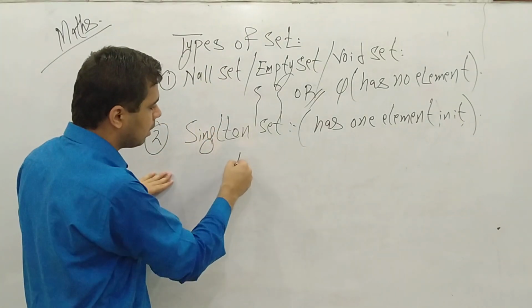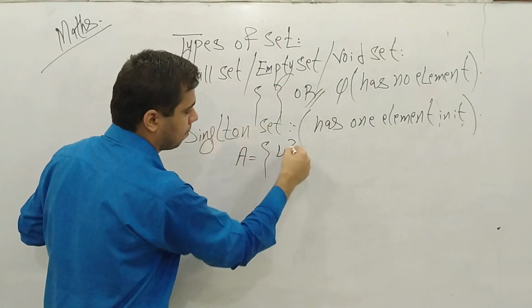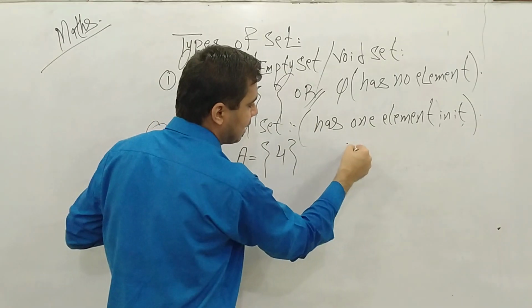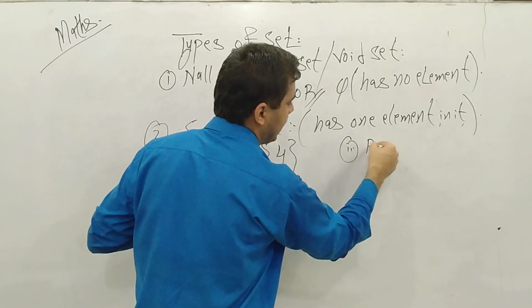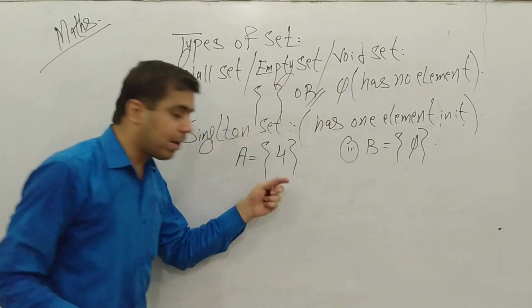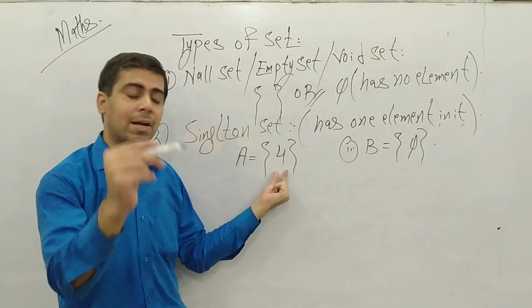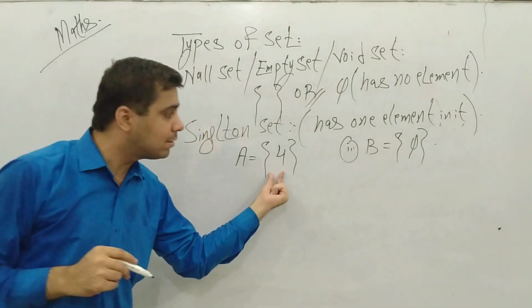For example, A equals 4. Or another example is B equals this sign here. Now here you can clearly see how many elements are given: only one element. So this is known as a singleton set.